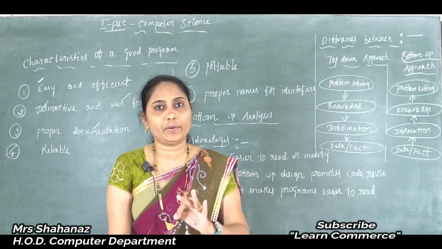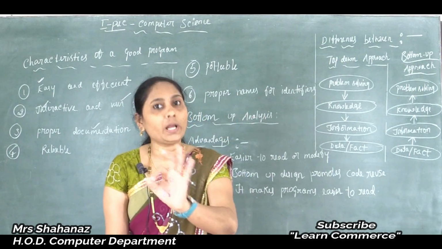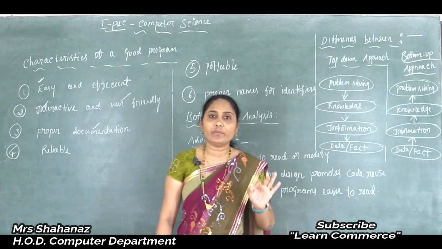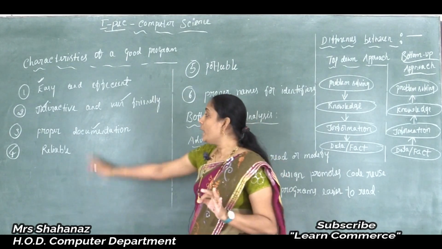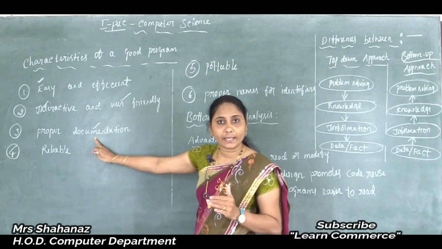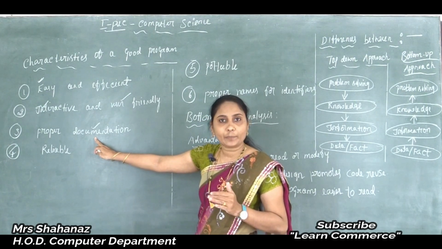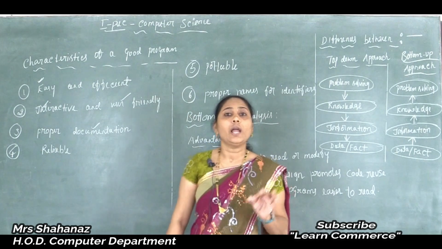So each and every thing, the meaning of each piece of code and why it was used, we will get. This is called proper documentation. If you get the correct meaning of each piece of code, we can say it is a good program.